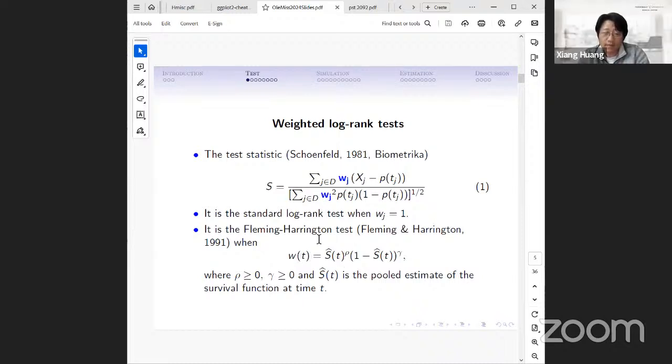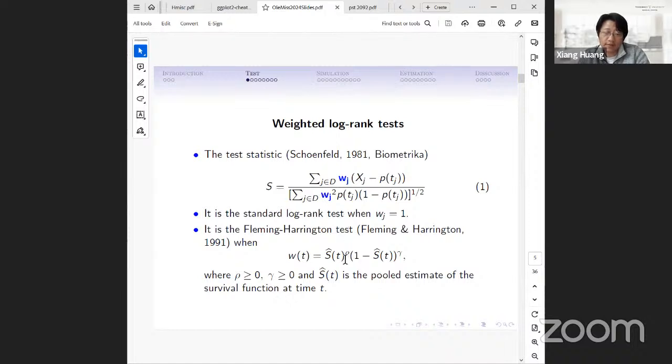It's actually not one test but a group of tests, because it depends on the parameters rho and gamma. When rho is 0 and gamma is 0, the weight is just 1, which is the standard log rank test.